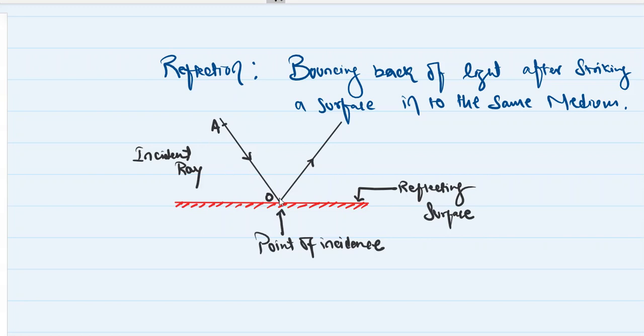So this is incident ray AO, and OB is known as the reflected ray. So an incident ray strikes a reflecting surface at the point of incidence, and bounces back into the same medium, which is supposed to be air over here.